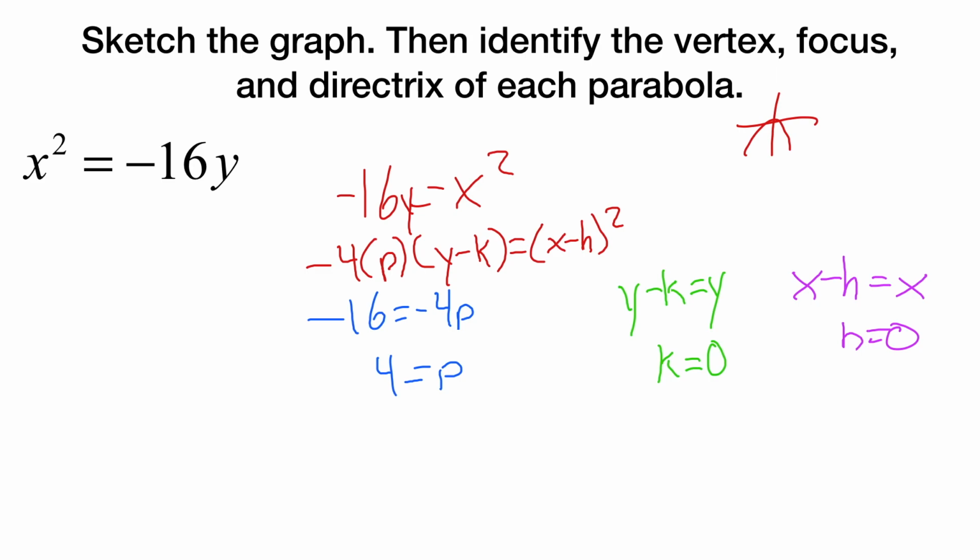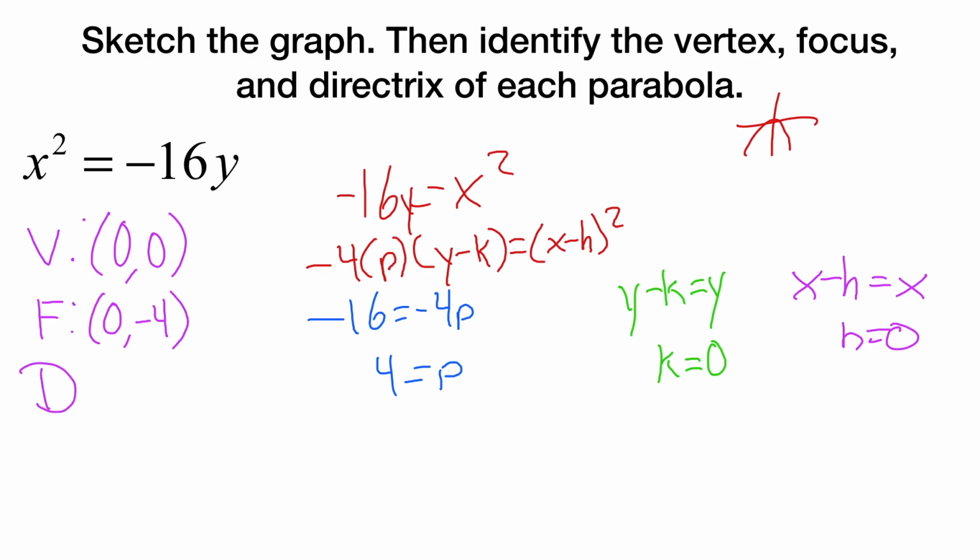So that means our vertex is at 0, 0. Because it is opening downward, our focus is going to be at 0, negative 4. And our directrix would be the other direction at y equals 4.